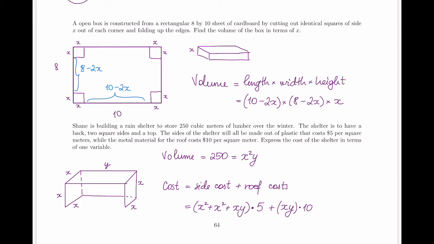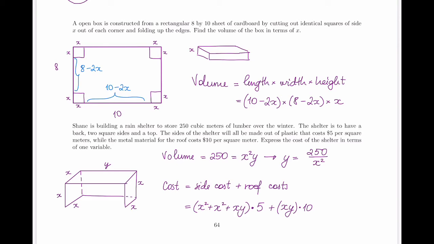I can choose whether to solve for x or to solve for y. And in this case, I can see that it will be easier to solve for y because x has a power of 2, but y does not. So since I am free to make that choice, I'm going to choose the variable that's easier to solve for, which is y, which will be 250 over x squared.